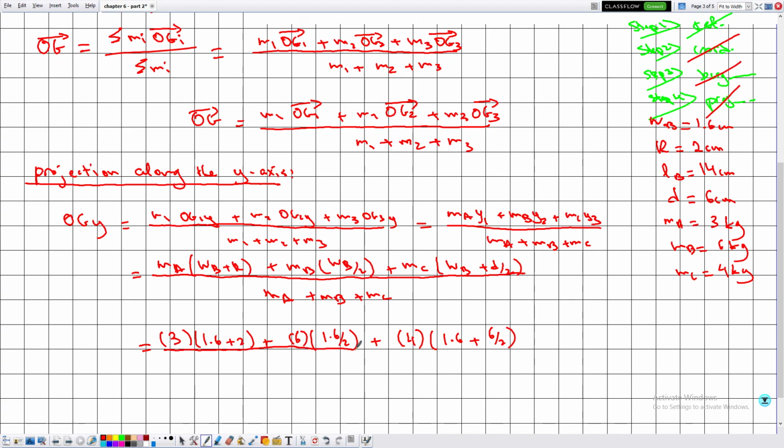All of these are divided by the factor 3 plus 6 plus 4. Plugging this complicated fraction into the calculator, it's given by 34 divided by 13, which is almost 2.62 centimeters, rounding to the second digit.